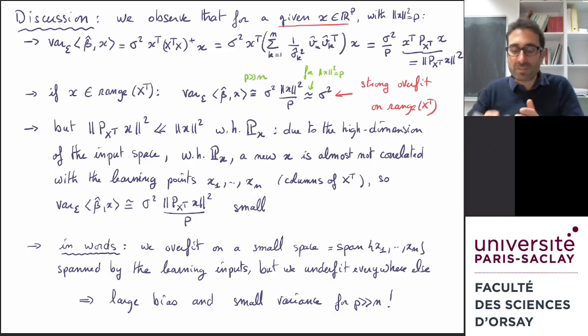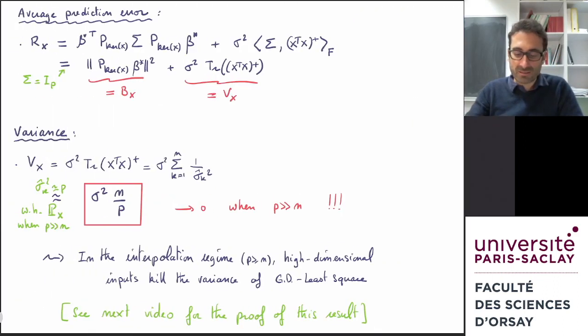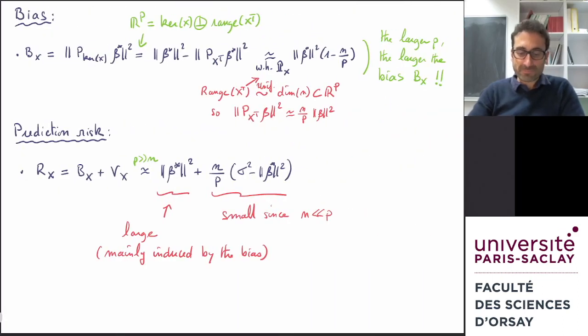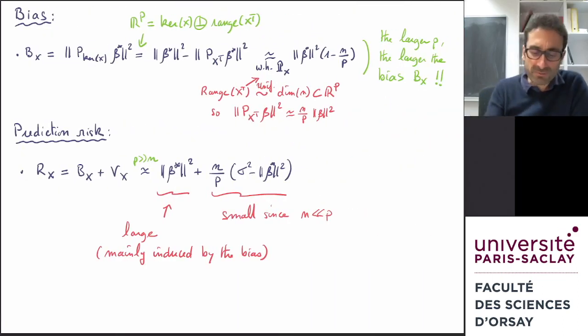All right, so far we have only discussed the variance term, for a given x or integrated with respect to x. Let us look now at the bias. I remind you that we have seen that the bias is equal to the square norm of the projection of beta star on the kernel of x.